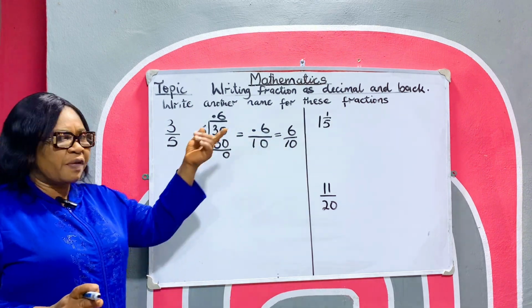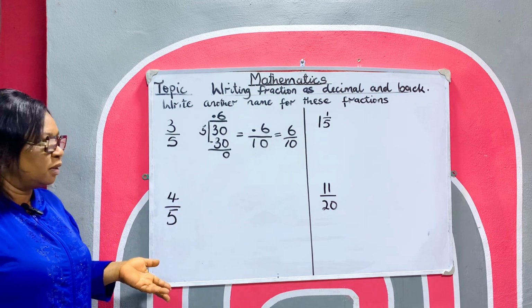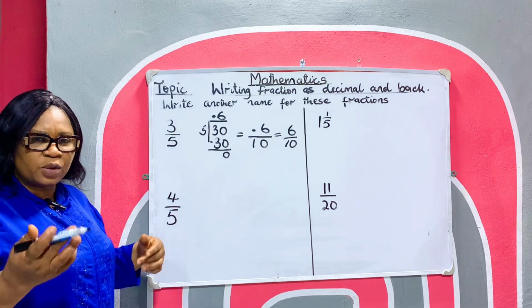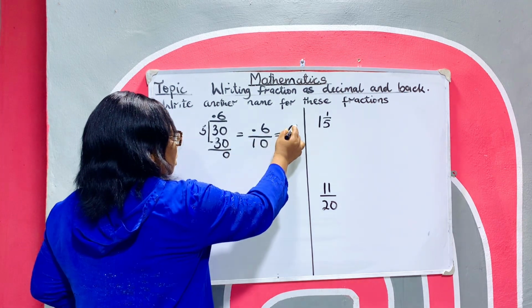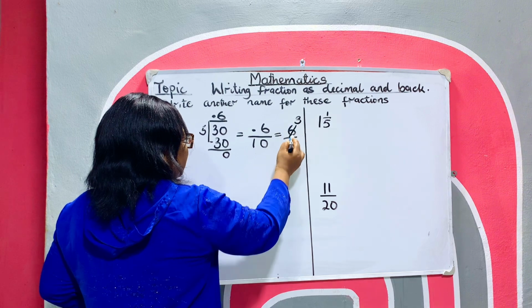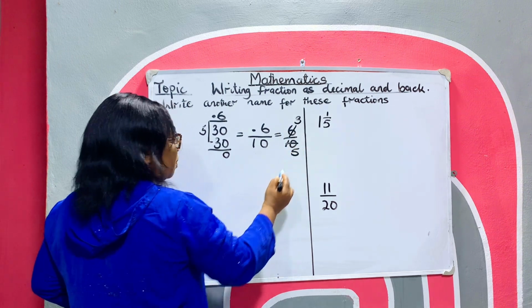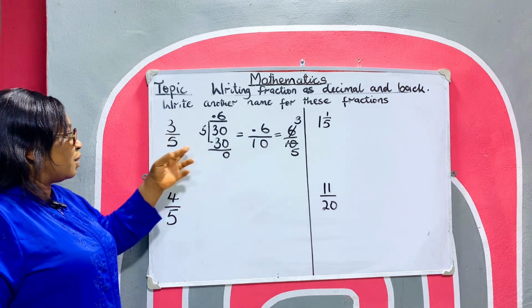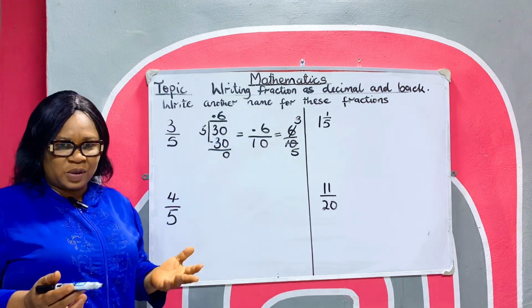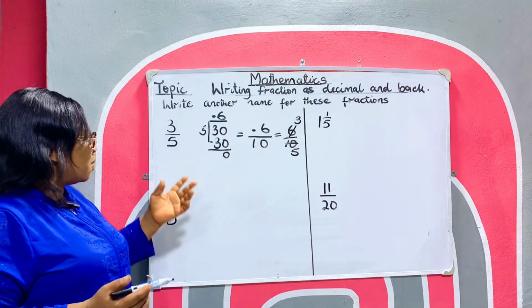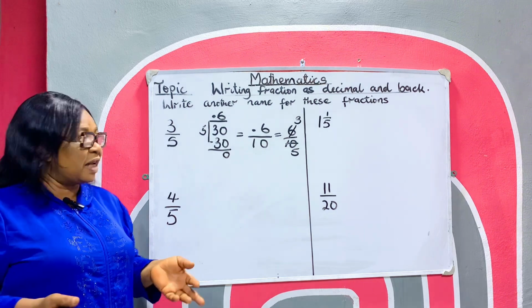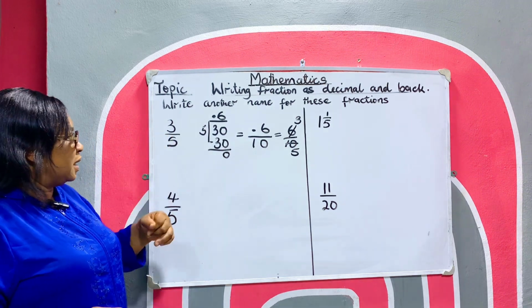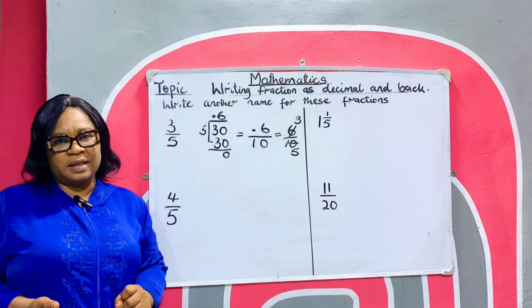You look for what to divide up and divide down. 2. So let's use 2. 2 divide here will give us 3. 2 divide here will give us 5. See, we are back to 3/5. Can you see that? Another way of writing fraction is that 3/5 is 0.6.